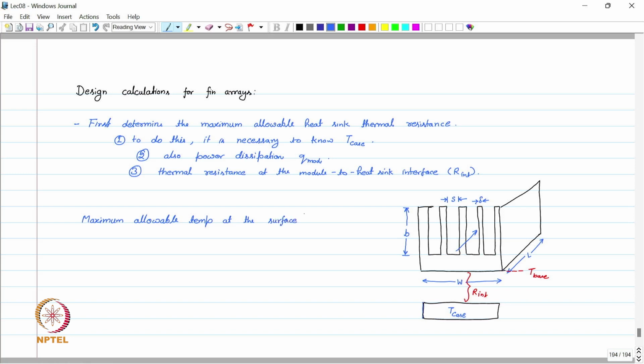The maximum allowed temperature at the surface of the heat sink can be calculated: T base is equal to T case minus Q mod into Rint.